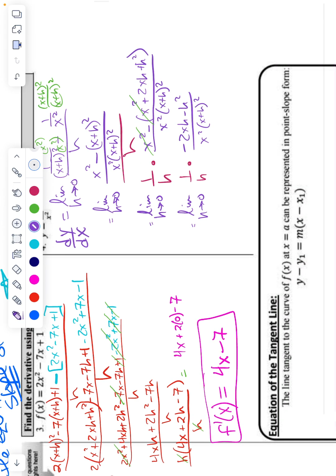Can we substitute yet and finish out our limit? No, because this h right here is still there. So we need to cancel it out. Do you guys see that we can factor an h off of the right numerator? Yes. Okay. This is a good illustration of why your algebra skills need to be good for calculus.